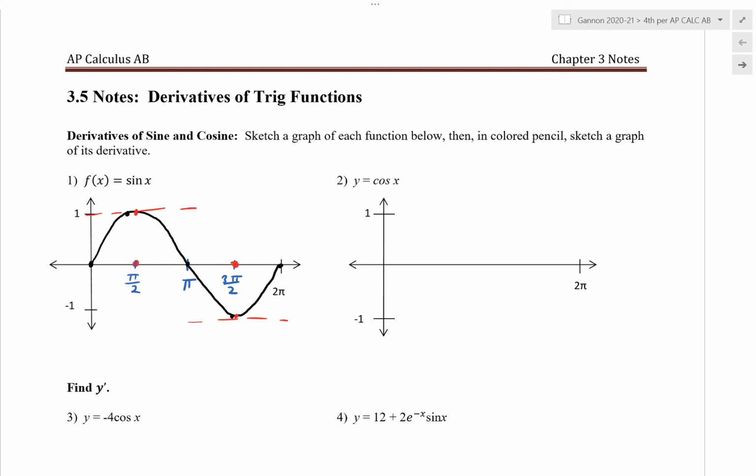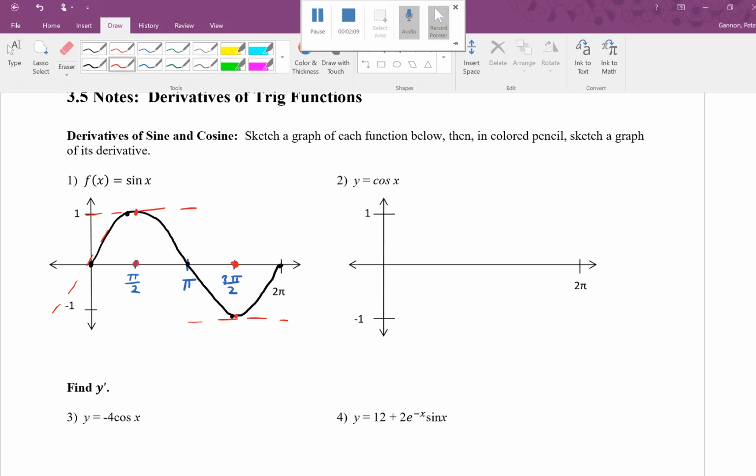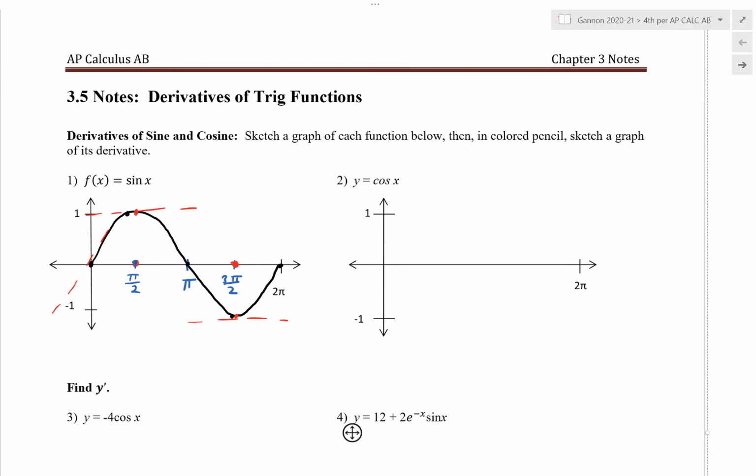Now, we have to be able to find out what's going on in these other places. Well, if we chose here, the sine curve is going to continue to go, but if we drew a tangent line there, it's not obvious from our picture right here, but that is going to have a value of 1. So there's going to be a point there. And those slopes are going to get less and less steep as you approach 0. So they're going to be positive numbers, but they're going to get closer and closer to 0.